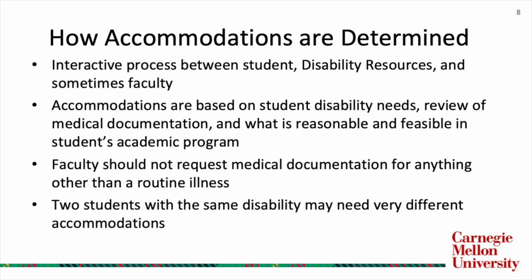We'll go into that a little bit more, but suffice it to say that accommodations in terms of their reasonableness do tend to vary sometimes by class or program. And so that's why it's really important to have that ongoing interactive process, that ongoing conversation between the student, disability resources, and the faculty member to look and see what we might be able to do.